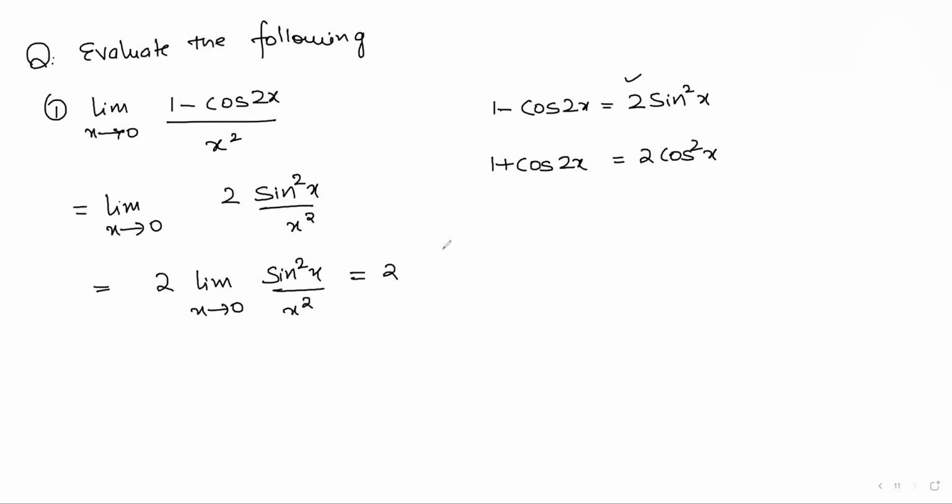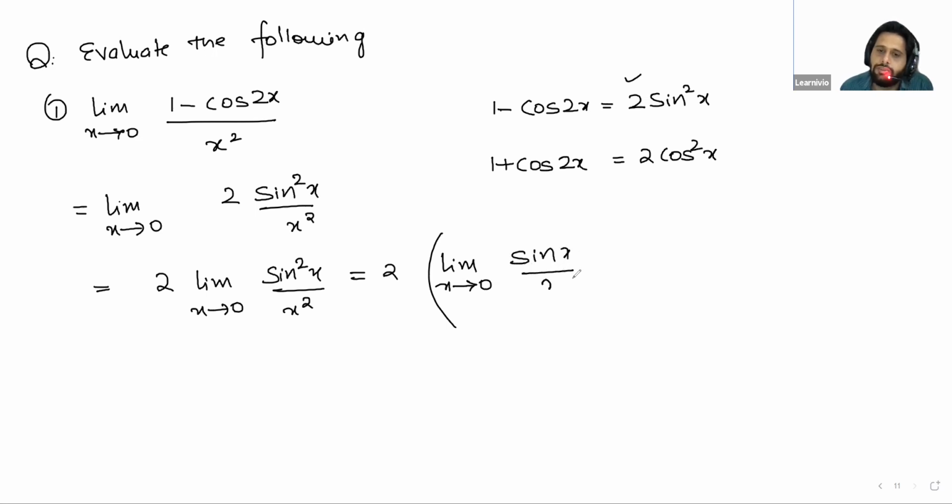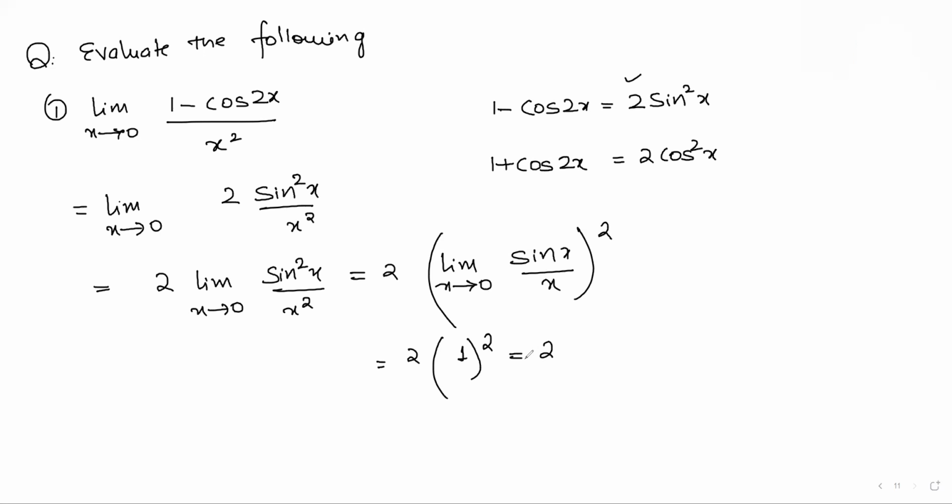So you will get 2 times limit x tends to 0 (sin x by x) whole square, which will give you 1 square, so the answer is 2. Yes sir, the 2 was not in the square, so it will not be 4.